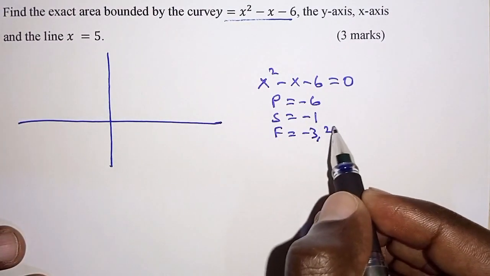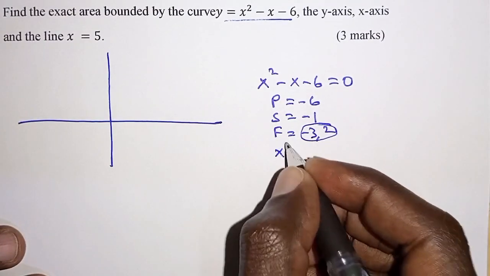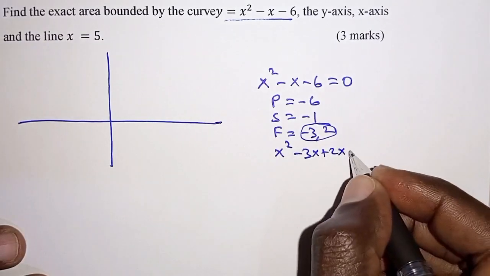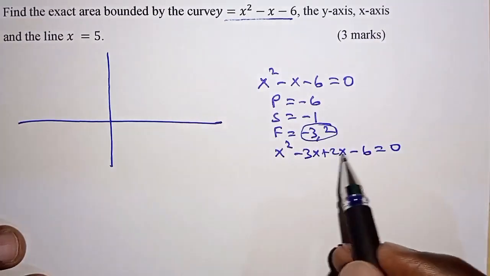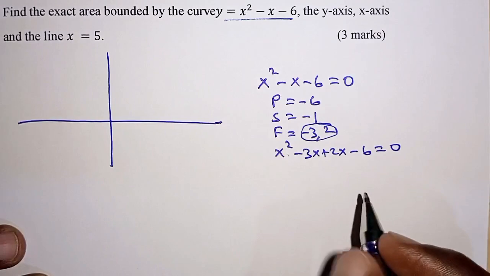Now the two factors are negative 3 and 2. So using these two factors here to split the middle part, we'll have x squared minus 3x plus 2x minus 6 is equal to 0. So in place of negative x, we've replaced with the negative 3x plus 2x.